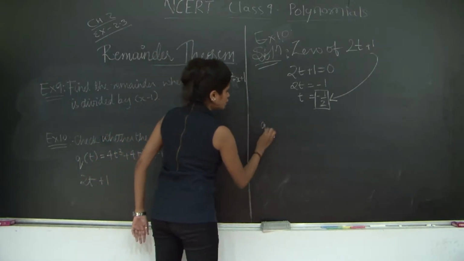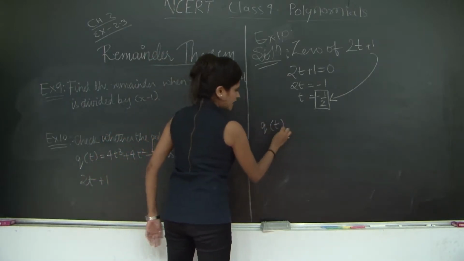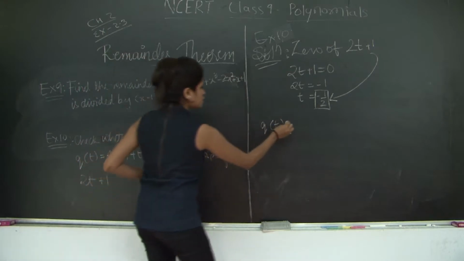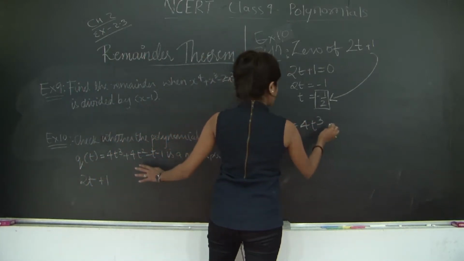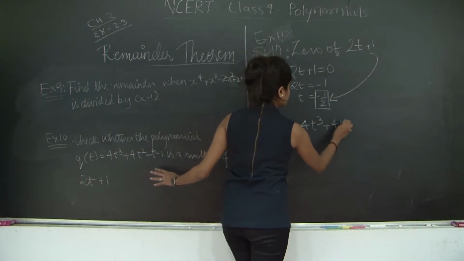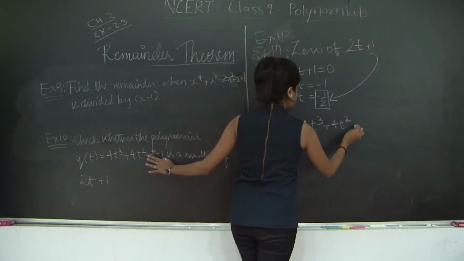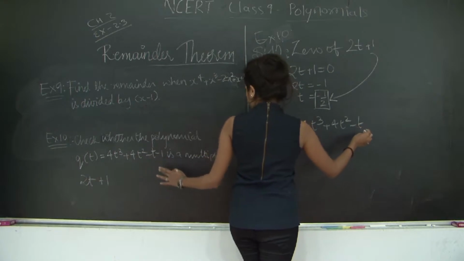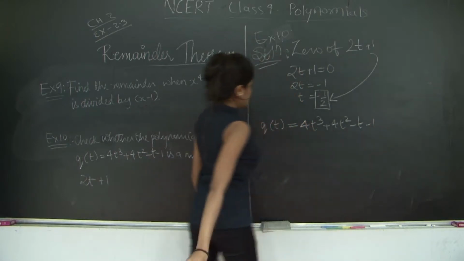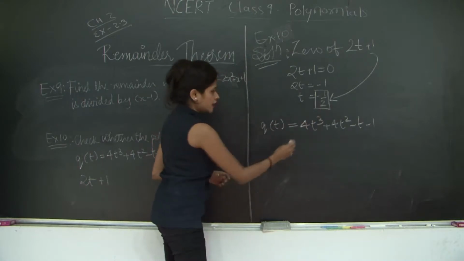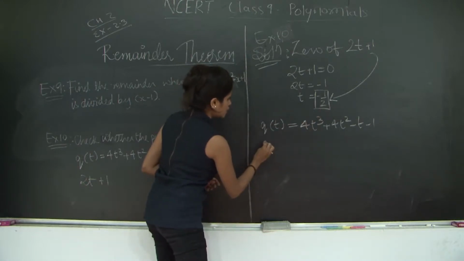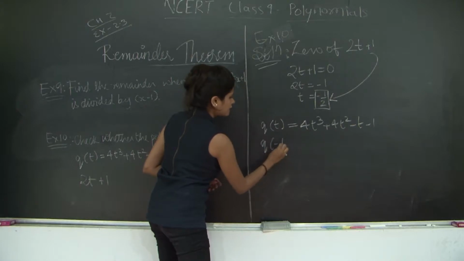So q(t), let me just write the polynomial first. q(t) is equal to 4t^3 plus 4t^2 minus t minus 1, right? So substituting t is equal to minus 1 upon 2 into q(t), you get q of minus half.